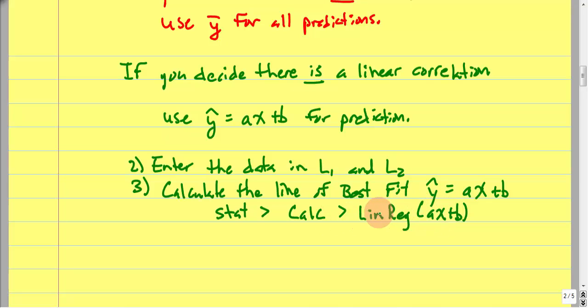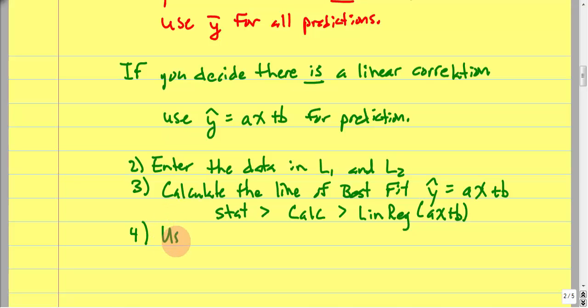There's another place you could go under Stat, Tests, and then there's a linear regression t-test as well, where you could find this information, and I'll show you that as well when we get a little bit closer. Now because we already decided there's a linear correlation with a hypothesis test, that means we can use this for prediction.